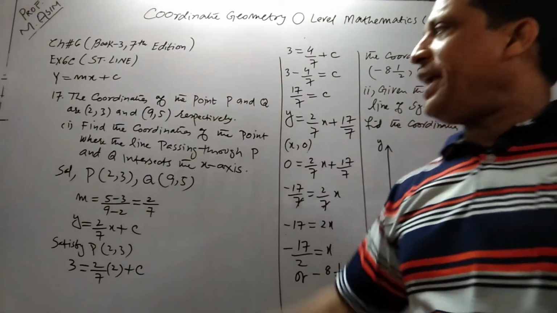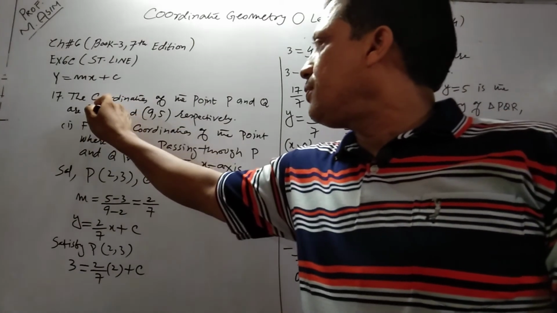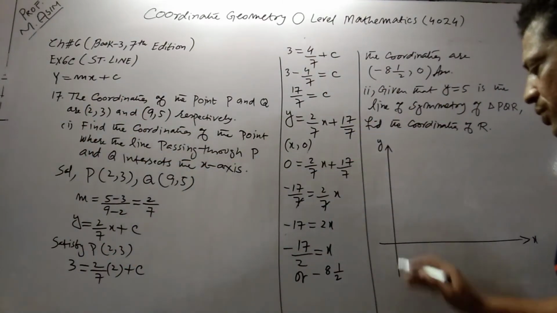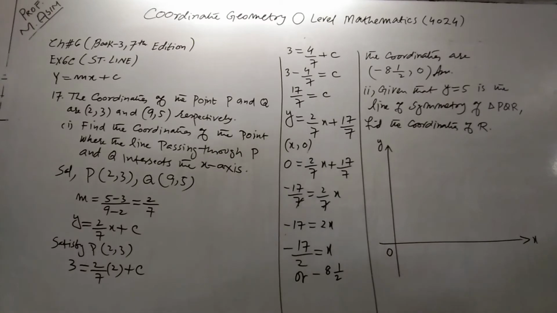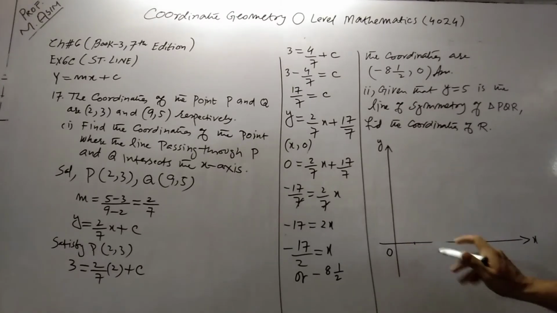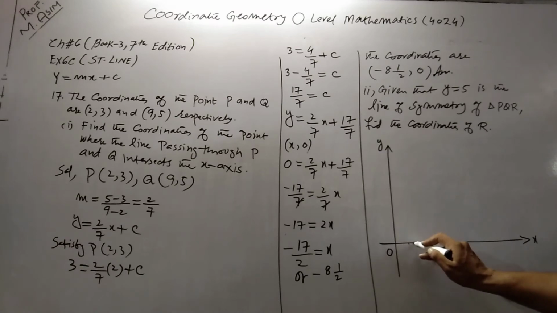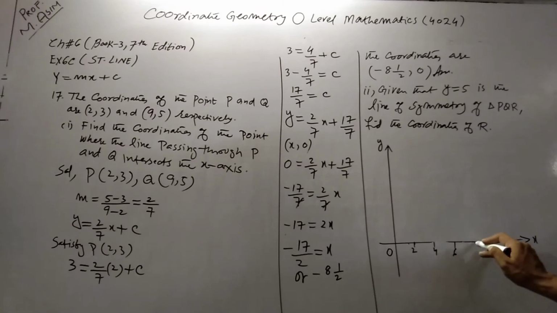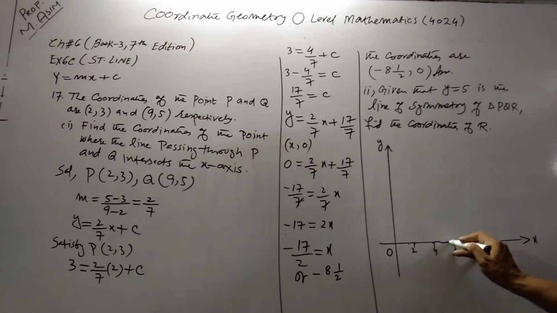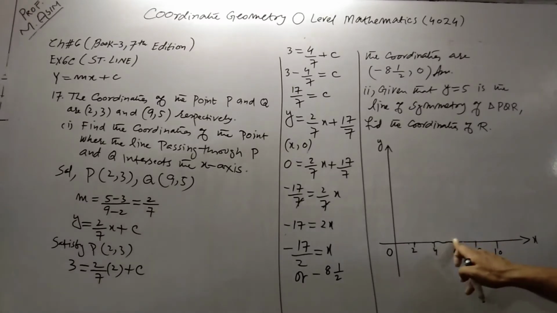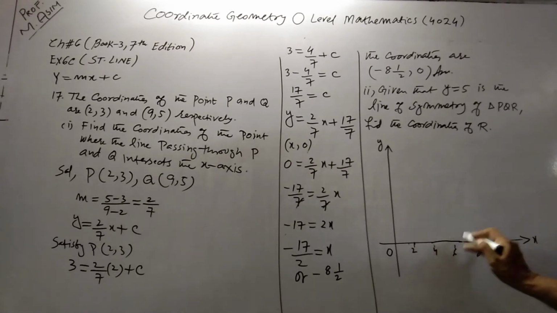What is the value of P? 2, 3. So this is 0, this is 1, 2, 3. On the x-axis, 2, 4, 6, 8, 10. Sorry, this is not a straight line.